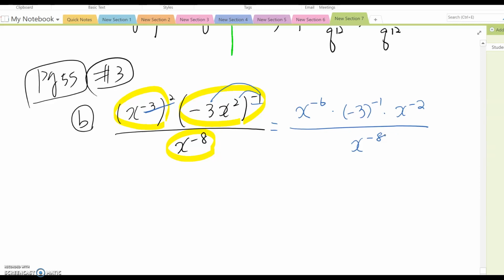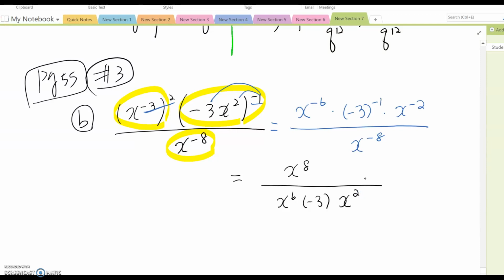Okay, then from here, I'm gonna switch around whatever has negative power, then just bring down or bring up. As you see, everything has negative power, so I'm gonna switch their location. Then this becomes x^8 over x^6, negative 3, and then x squared.